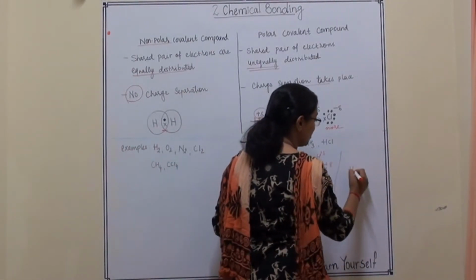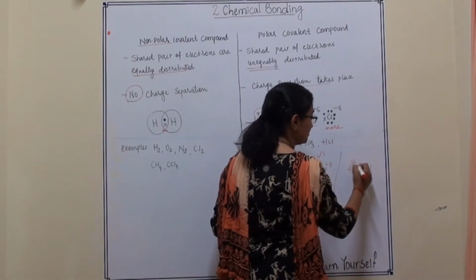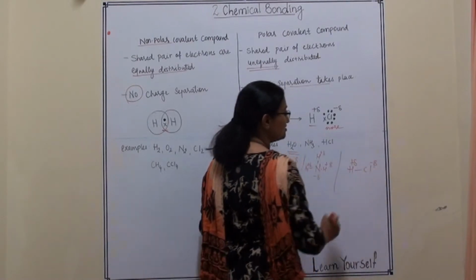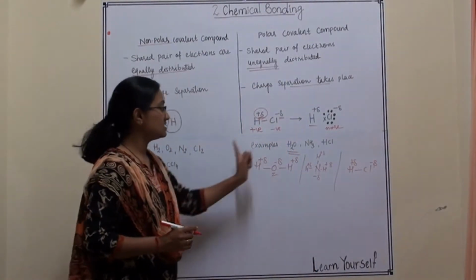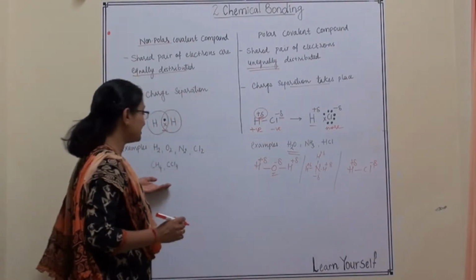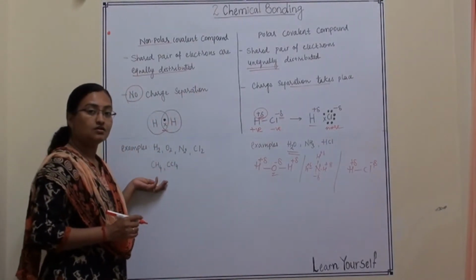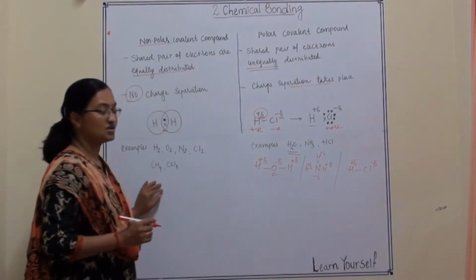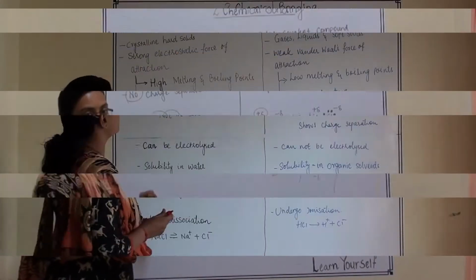Whereas in HCl also, a partial positive charge and partial negative charge will be generated. So all these are polar covalent compounds, whereas these are non-polar covalent compounds. Charge separation will be there and charge separation will not be there.